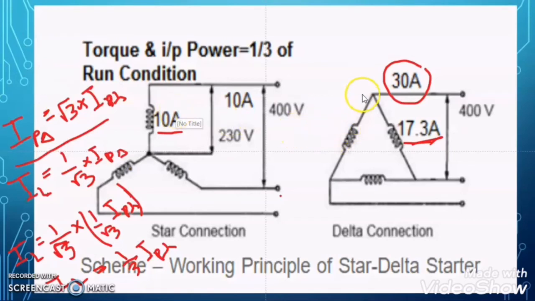Here I explained that when the motor winding is in the delta configuration, the phase current is 1 by root 3 times the line current, and when the motor winding is in the star configuration, the phase current is equal to 1 by 3 times the line current. So this we will take as a reference to understand this topic.